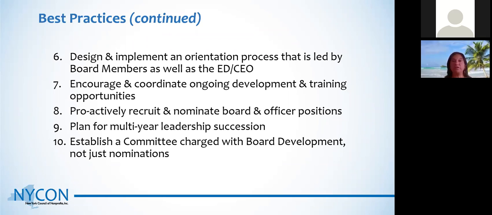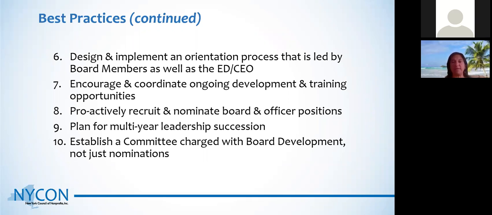So, for instance, some organizations have a board in-service at every meeting. They might spend 15 minutes doing some kind of a learning situation where you learn how to read a balance sheet, for instance, or one of the committees does a deeper dive on a particular issue or area, or the treasurer does something about how to better read your budget or what it means.